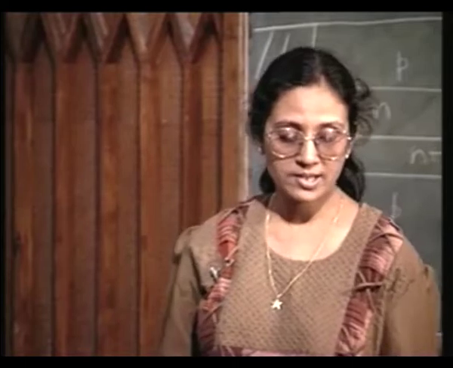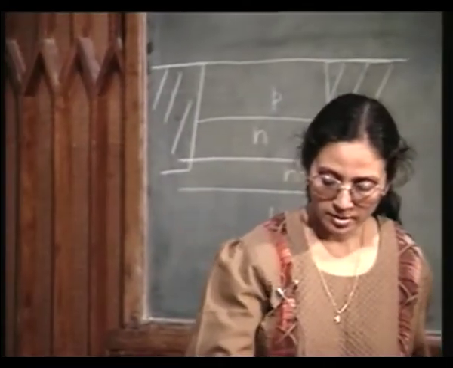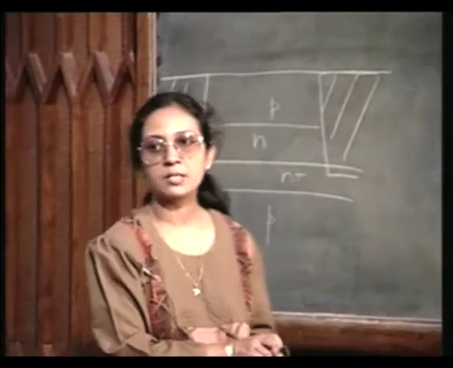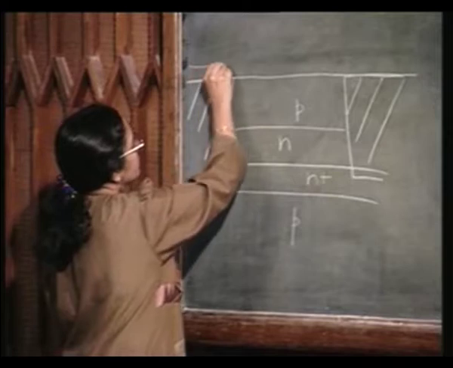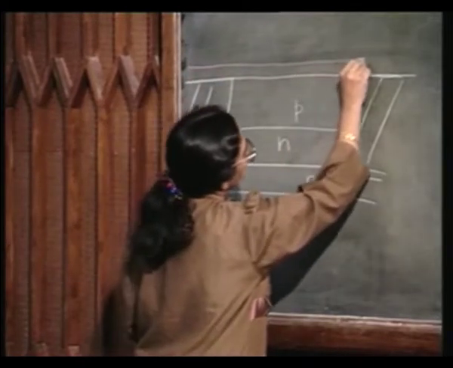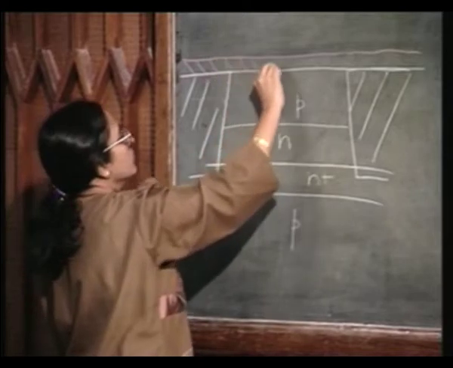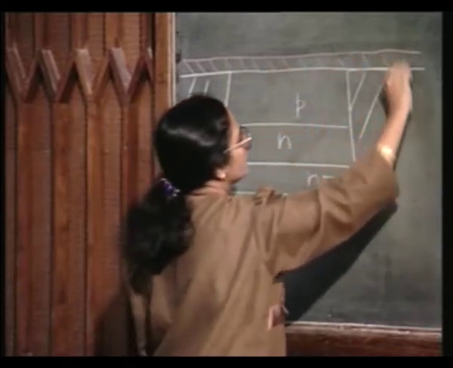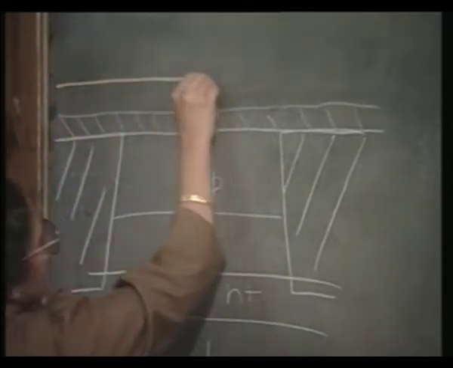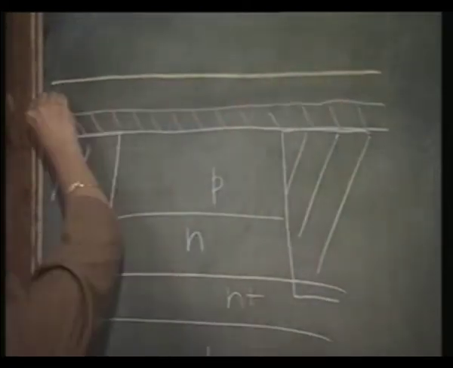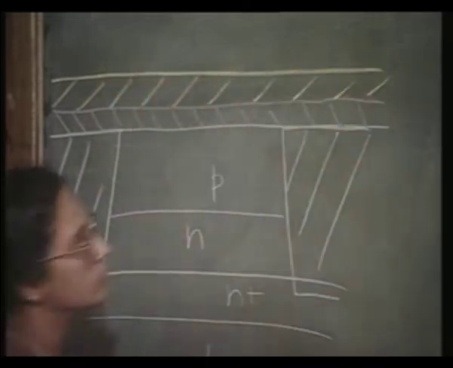So as the first step, you are going to deposit P plus poly and top it up with CVD SiO2. Okay.